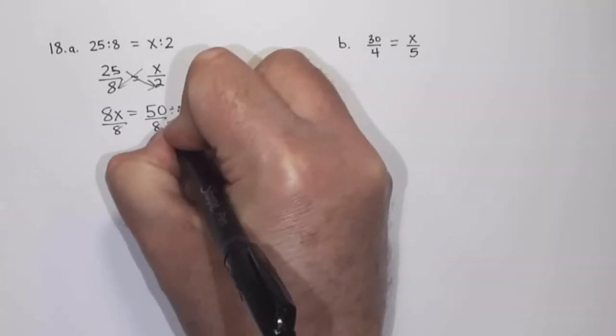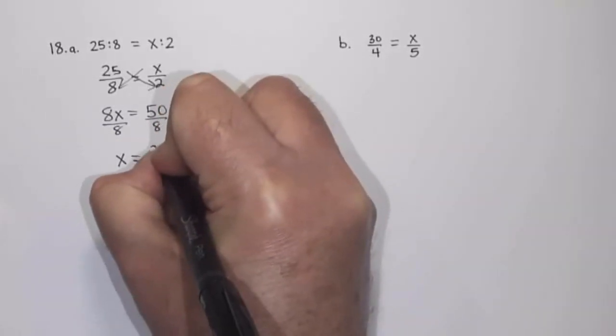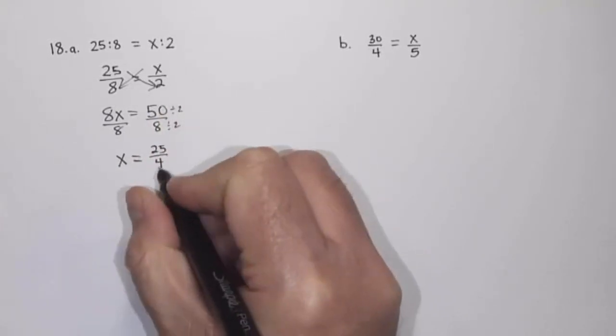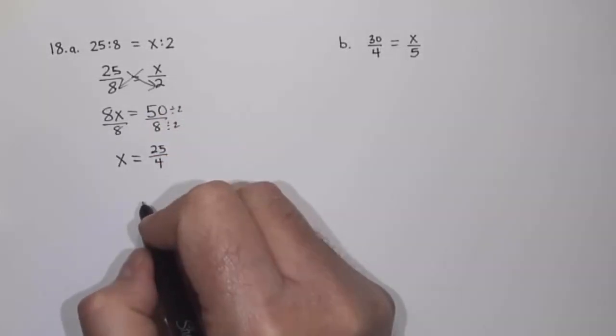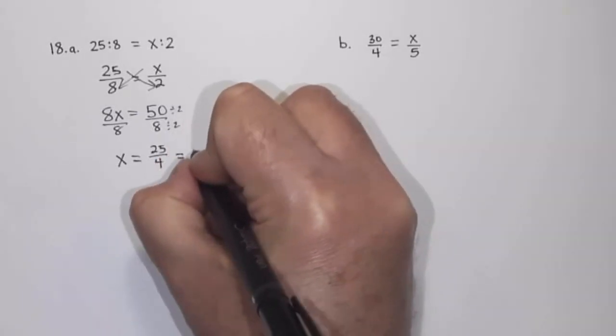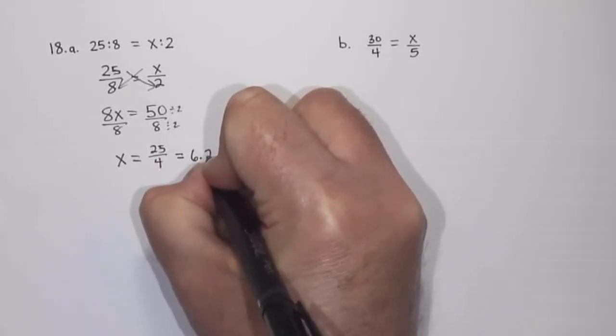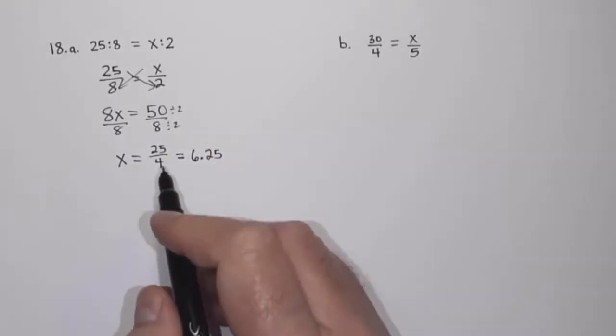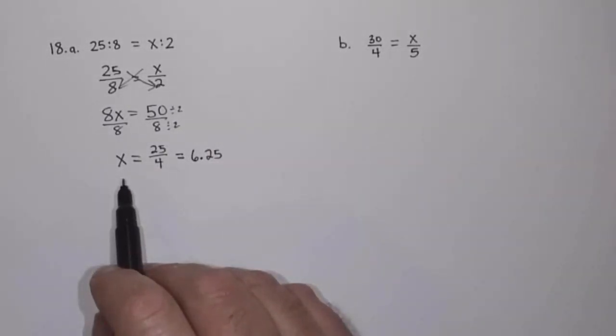We can divide 50 and 8 both by 2, which would give us 25/4. So if we wanted to write our answer as a fraction, we could say 25/4. Or if we want to write it as a decimal, 25 divided by 4 would be 6.25. Okay? So x equals 25/4 or 6.25.